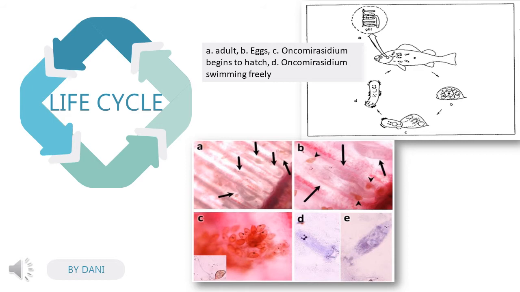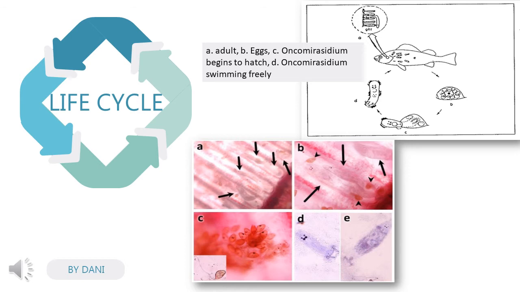One adult parasite can produce 10 to 22 eggs per day. The egg is oval with a spiral filament at one end. The rate of hatching of eggs varies greatly, with some eggs hatching in 2 days, while others require 6 days.